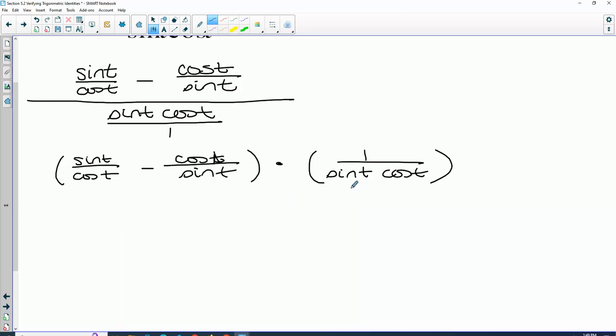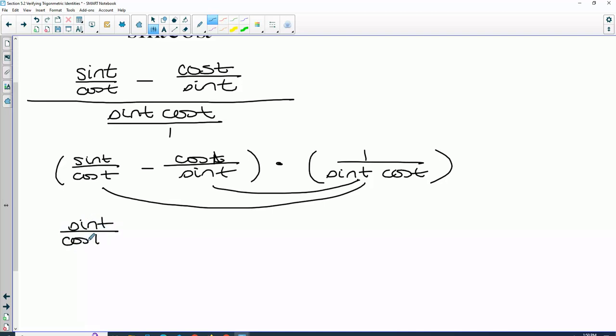If we're going to multiply, we have to distribute here. So I'm going to take this to both. You may be able to simplify that as you go. I'm going to write it out. You don't necessarily have to write this step, but I just want to show what I'm doing.